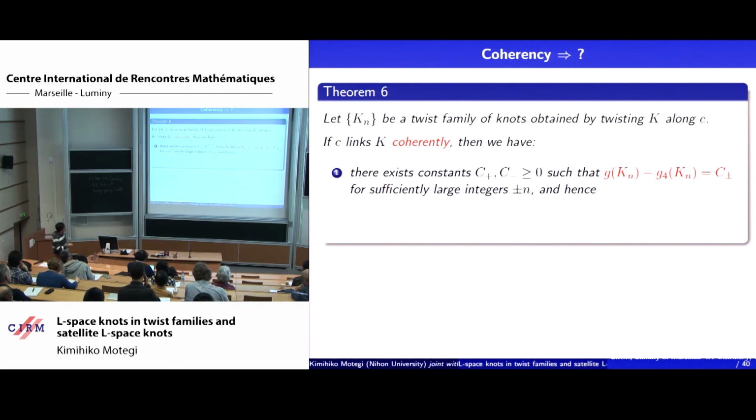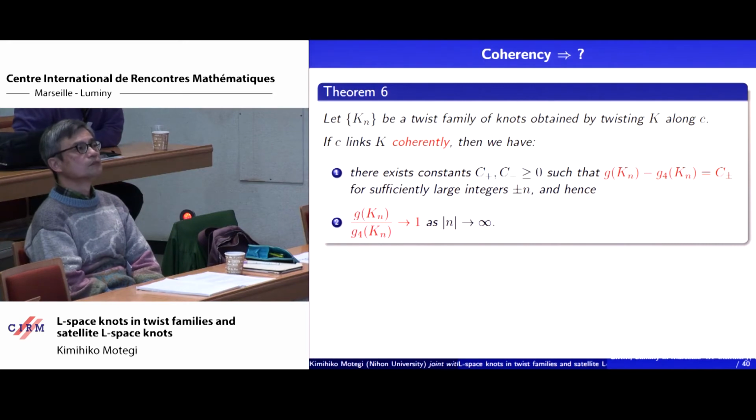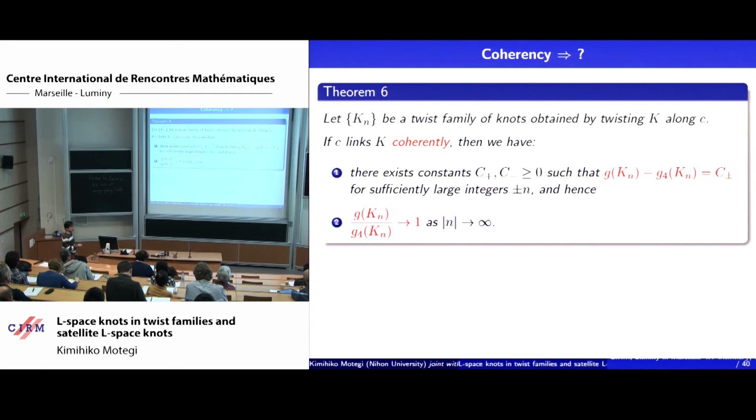And hence, this implies the ratio of the Seifert genus to the slice genus tends to 1 when n goes to infinity or minus infinity.